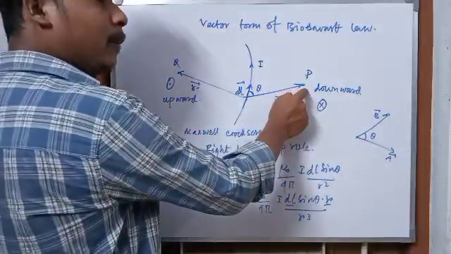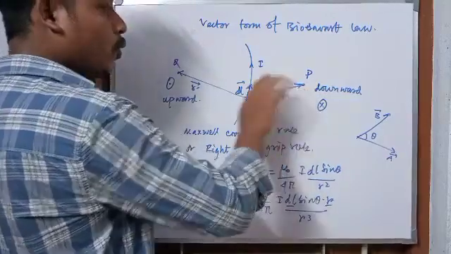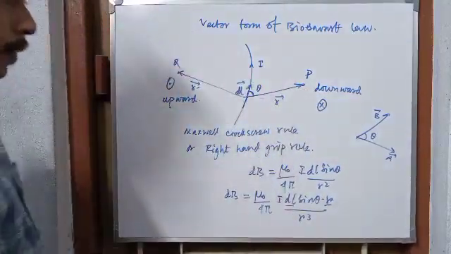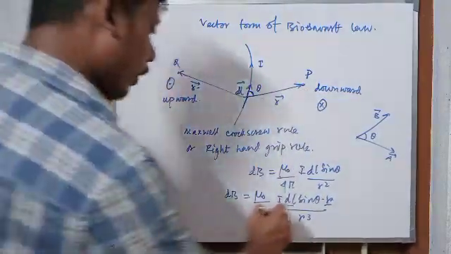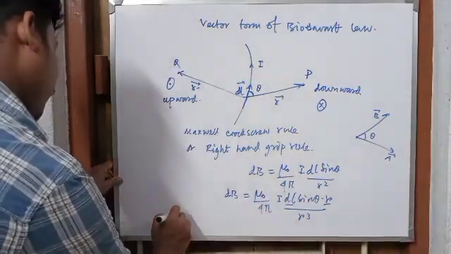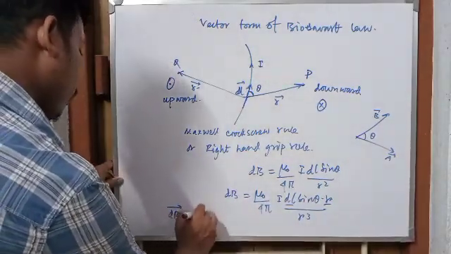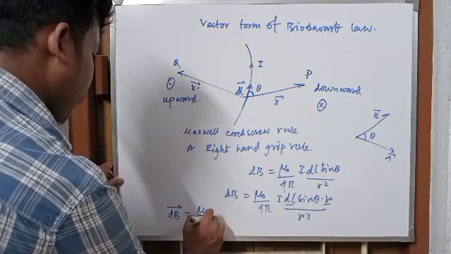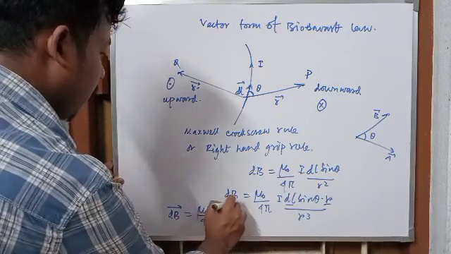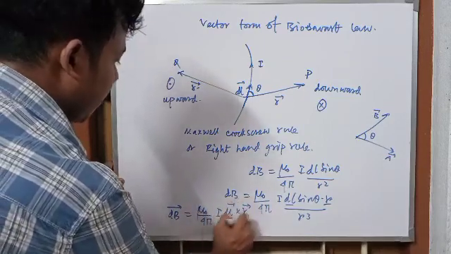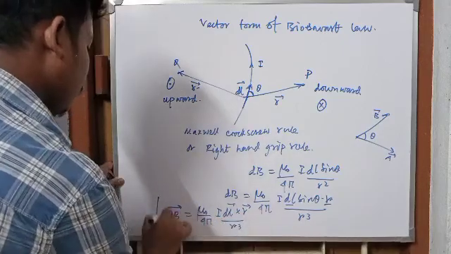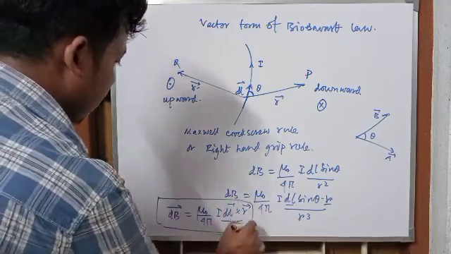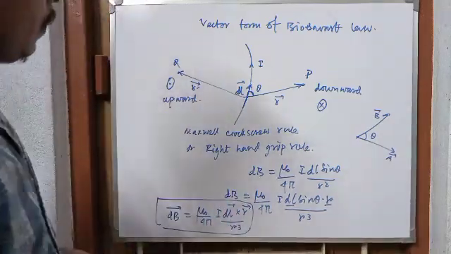Here we find that the magnetic field is perpendicular downward, so dl cross r is correct. Clear? So we can say that dB vector is equal to mu naught by 4 pi I dl cross r vector by r cube. This is the vector form of Biot-Savart Law.